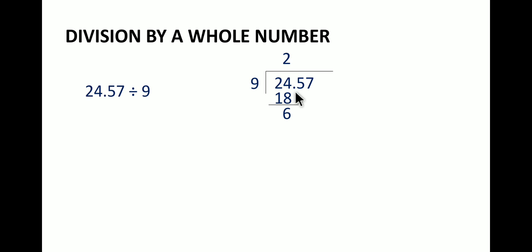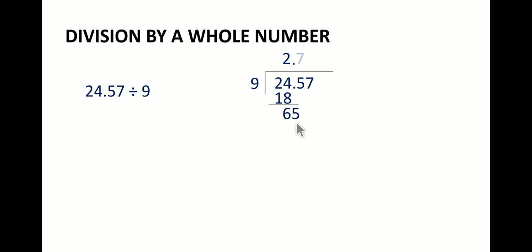So you'll remove this decimal from here to here. You'll shift the decimal first from here to here this way, and then you'll bring this 5 down here. So now the number 65 needs to be divided by 9.